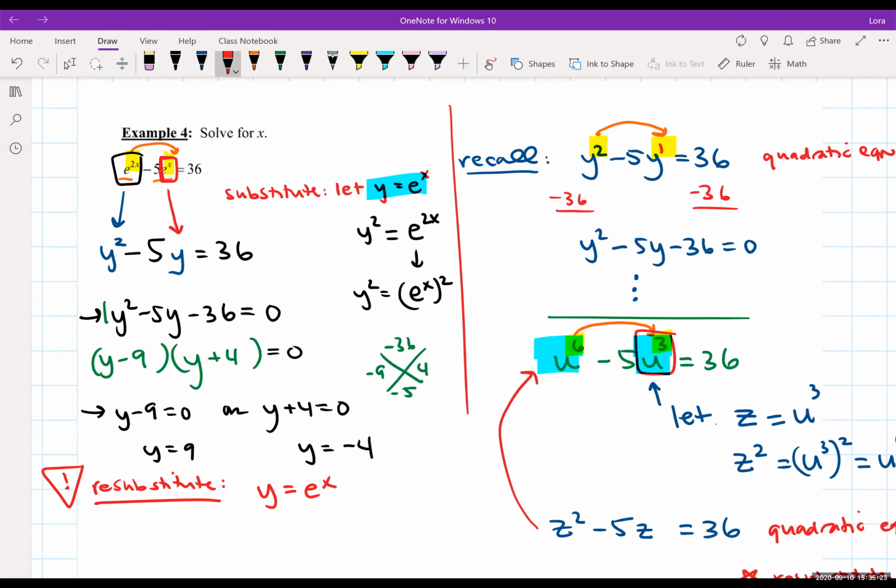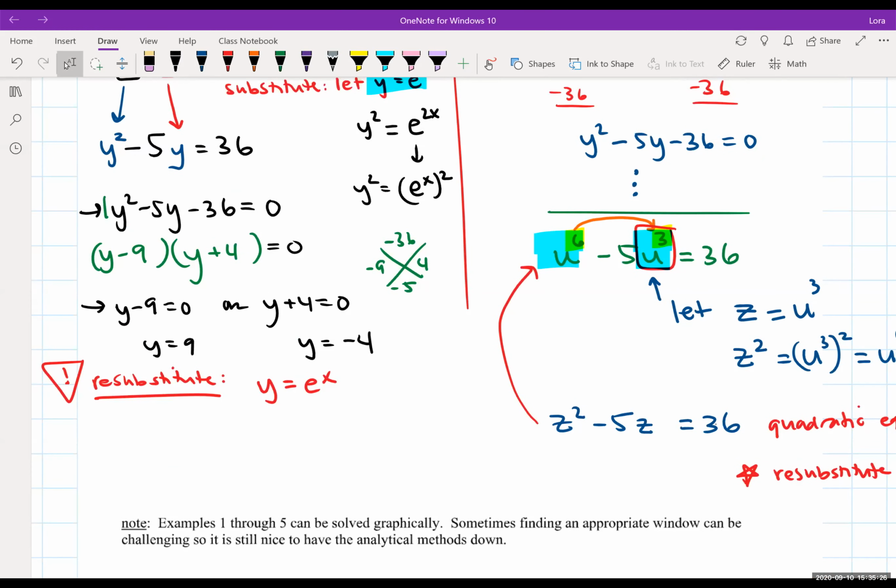If we do this, what's going to happen? You have y equals 9, so that's saying e to the x equals 9. Or y equals negative 4, so instead of y, we would be saying e to the x equals negative 4.